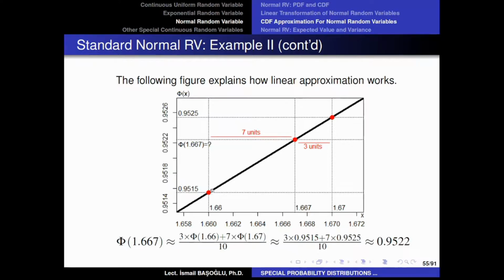So what you are going to do is this. You are going to multiply 0.9525 with 7 and 0.9515 with 3, and the summation will be divided by 10, which means you are going to take a weighted average of 0.9525 and 0.9515. However, the weight should be inversely proportional to the distances.